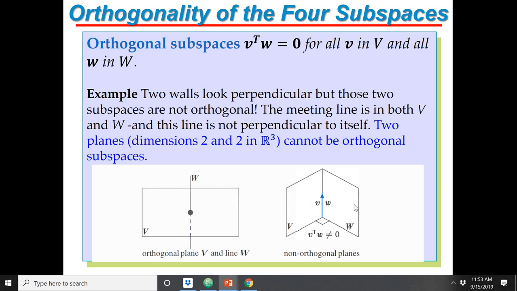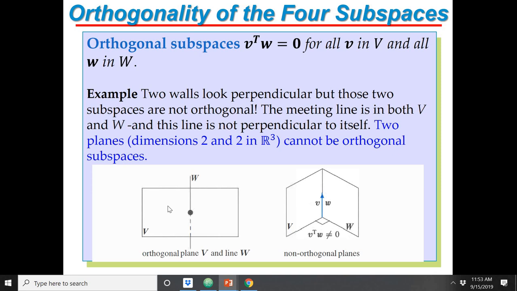So if you add them, you get dimensionality 4, and that's no good, because if they were really orthogonal complements of each other, they should make the whole of R cube, but we have an issue here because 2 plus 2 is greater than 3. Bottom line, V and W are not orthogonal to each other.